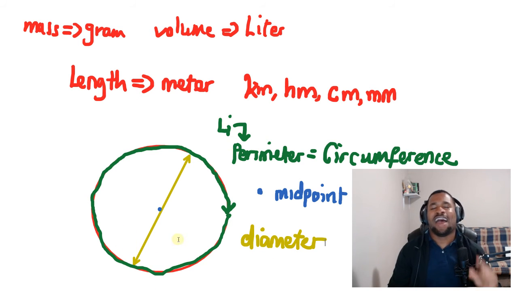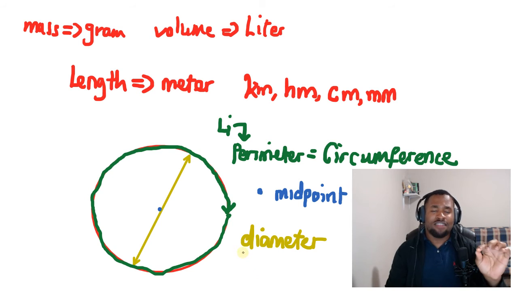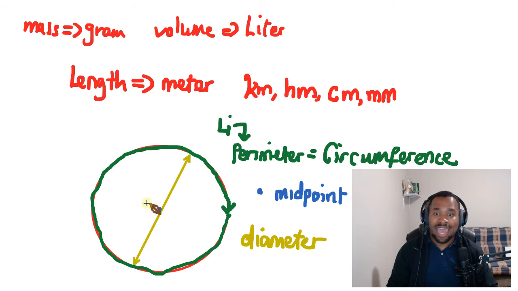Keep that in mind. And finally, here is another parameter, and this parameter comes from the diameter. In here, the length starts from the midpoint, and from the midpoint you go to the other end of your circumference.